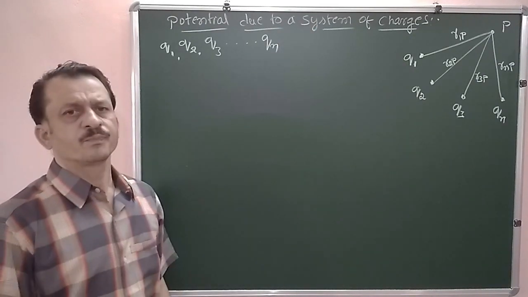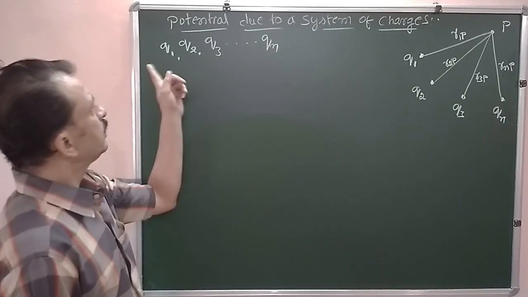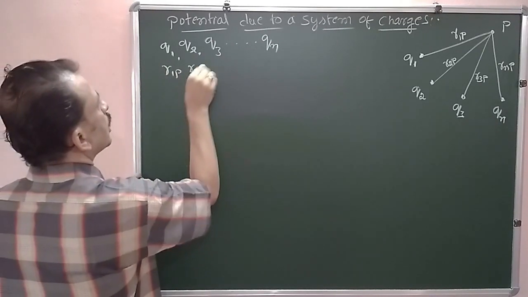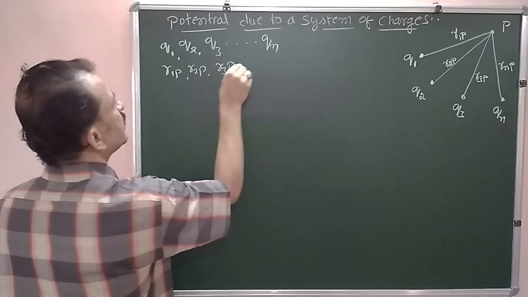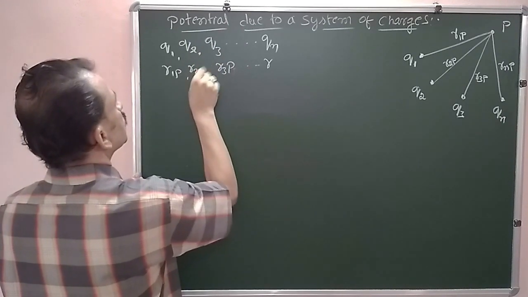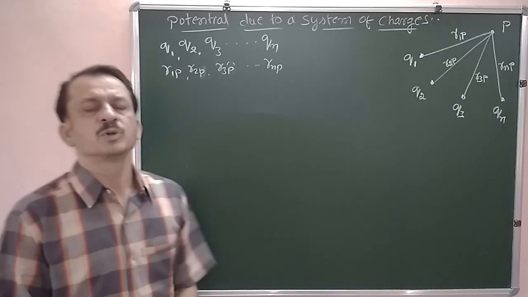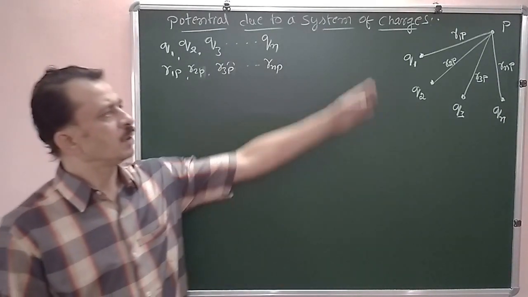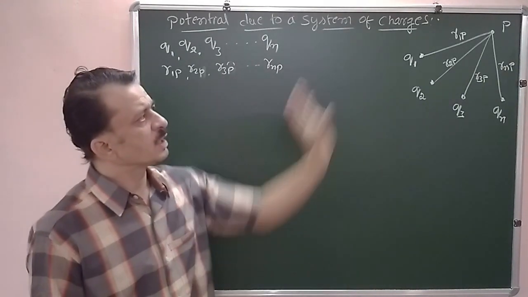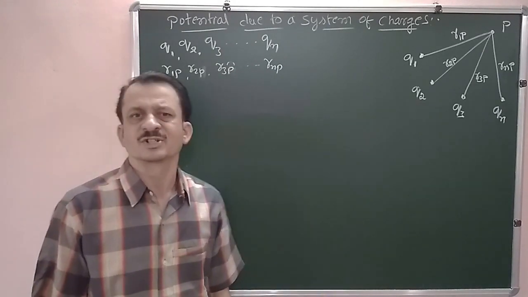Consider an arbitrary point P. Let R1P, R2P, R3P, etc., Rnp be the position vectors of all the charges from the point P. Now you have to calculate the potential at P due to this n-charge system.